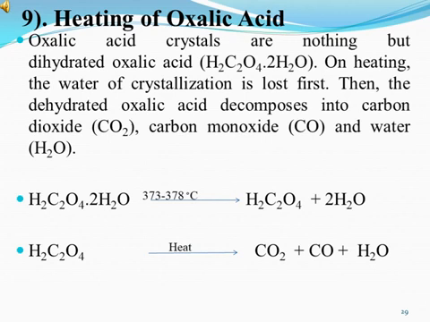In this equation, you can see that hydrated oxalic acid, when heated to 373 to 378 Celsius, is converted into anhydrous oxalic acid and releases 2 water molecules. And when dehydrated oxalic acid is heated further, it decomposes into carbon dioxide, carbon monoxide, and water.